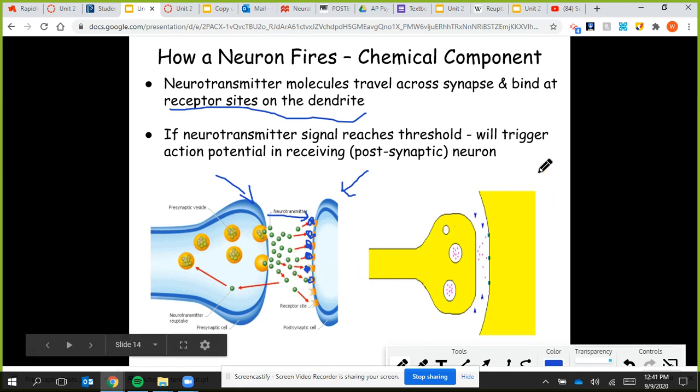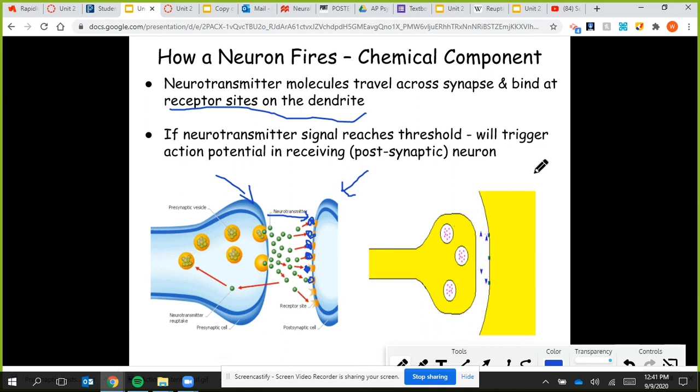Now, neurotransmitters and receptor sites on the dendritic spines are what is called lock and key. Now, I know you all learn about that with enzymes. What does lock and key mean? Yeah, like only one enzyme can go with a certain catalyst, right? Is that what it means? Yeah. Okay. Neurotransmitters and receptor sites are the same way.